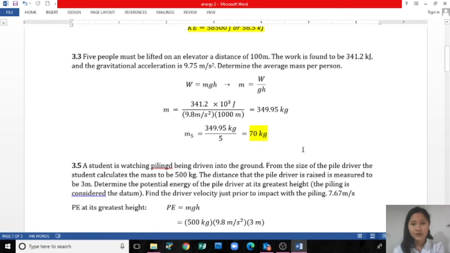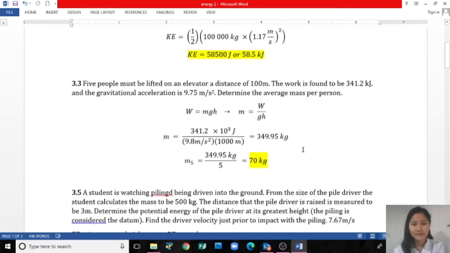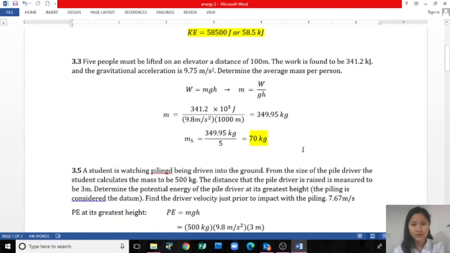So, in order to find mass, the formula that we're going to use is the weight is equal to mass times g times the height. Then we're just going to manipulate the equation in order to find mass. Then the equation now for the mass is m is equal to W, or the weight, divided by the gravitational acceleration times the height.